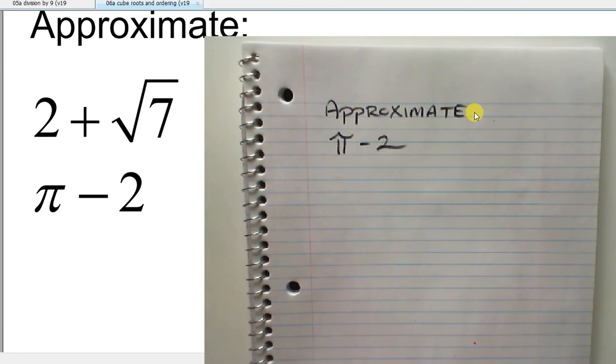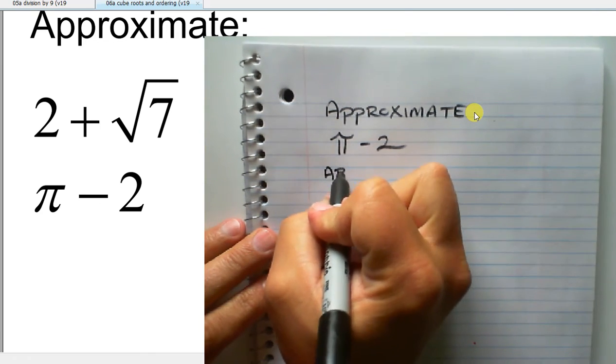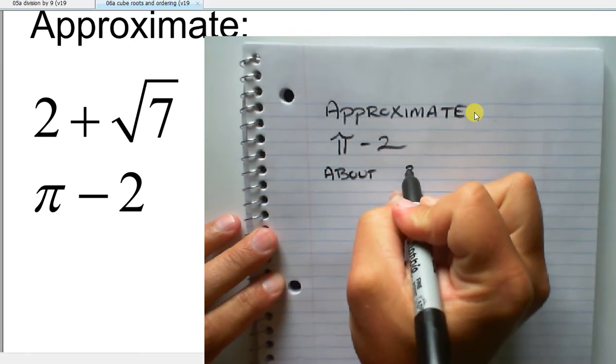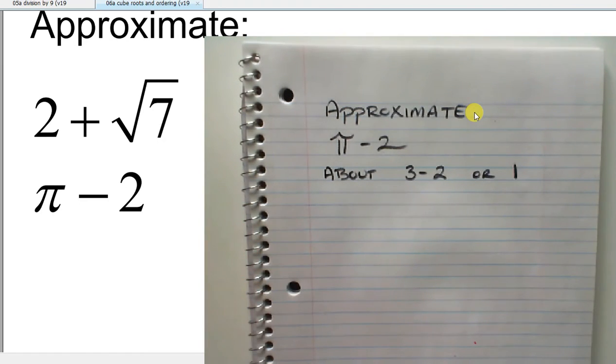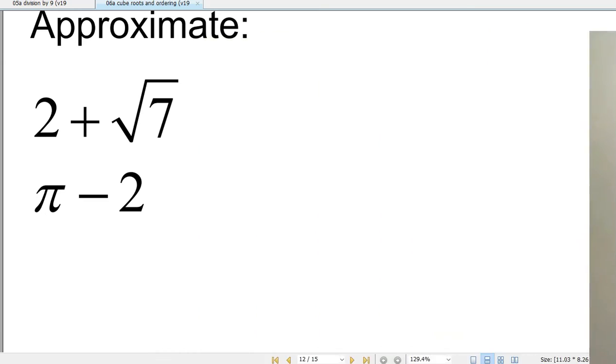Well, what's pi? Pi's about 3, isn't it? So when I see a pi, I'm just going to pretend like it's about a 3. So we just approximated that one.